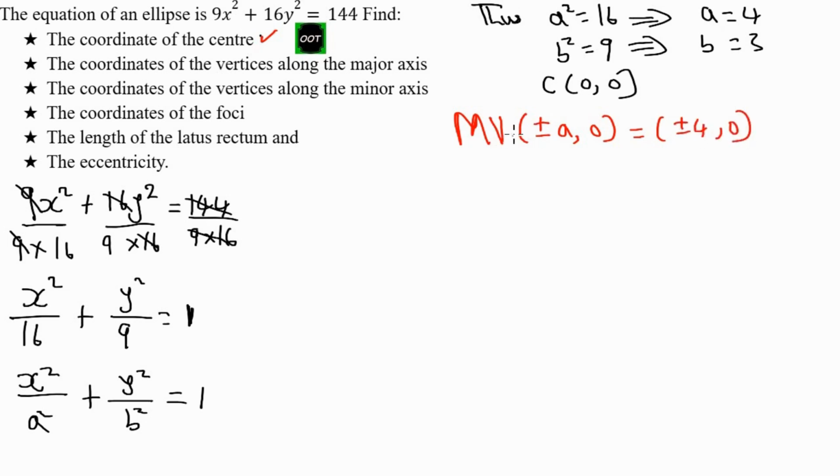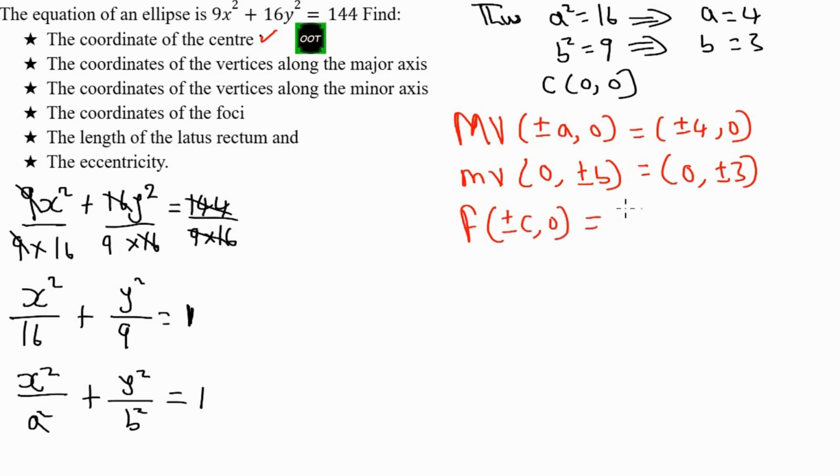Simple. Perfect. Now, coordinate of the minor vertices, lowercase mv. That will be 0, plus or minus b, and that will be 0, plus or minus 3. This is b. Excellent. Next one, coordinate of foci. For an ellipse with horizontal orientation, the value of c will be along the x-axis. Coordinate of foci will be plus or minus c, 0. So we need c. C squared is a squared minus b squared. Am I communicating?